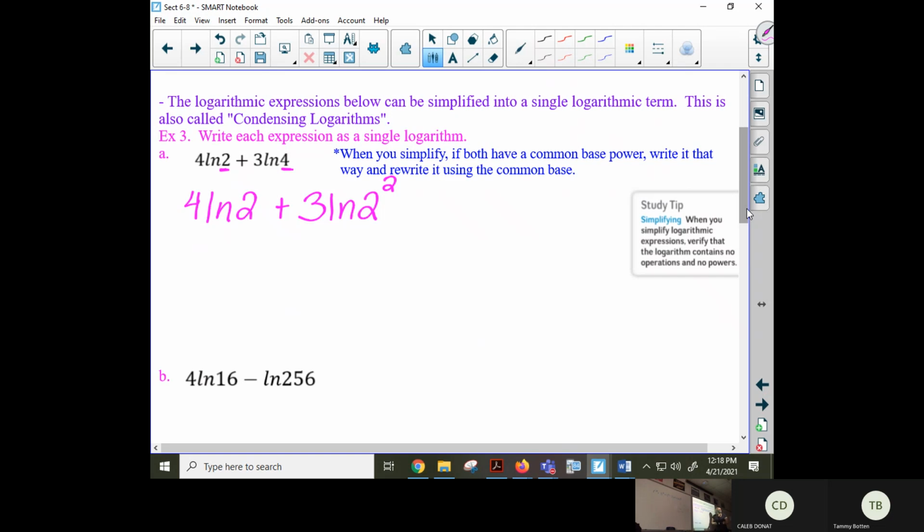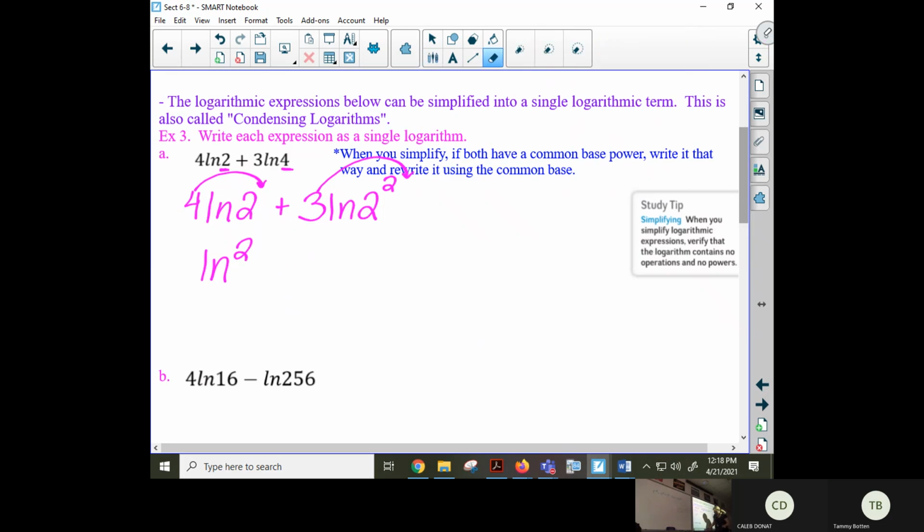What you're trying to do now is write everything as one logarithm. If there's a number out front, you want to do it as a power, so you put this up here. If there's an addition, what do you think we do with that? You multiply. If there's a subtraction, you divide. So what we're going to do here is bring this 4 up here and bring this 3 up here. And we would get natural log of 2 times 4.